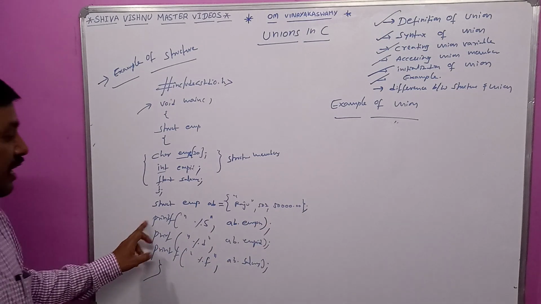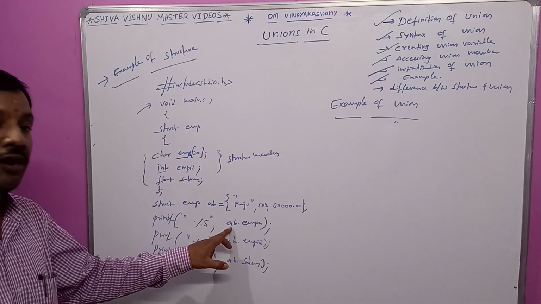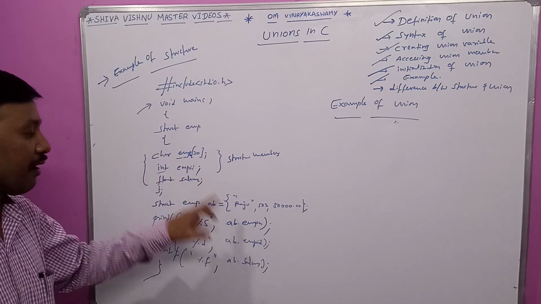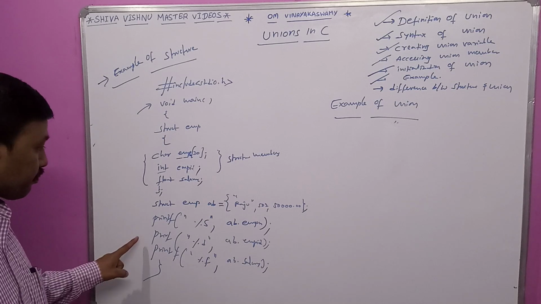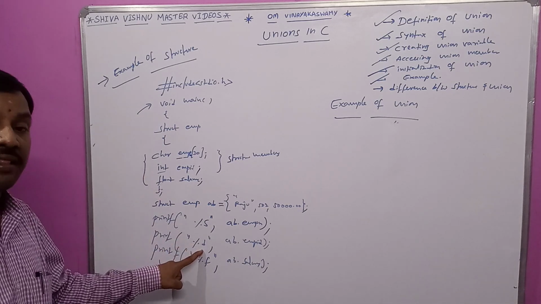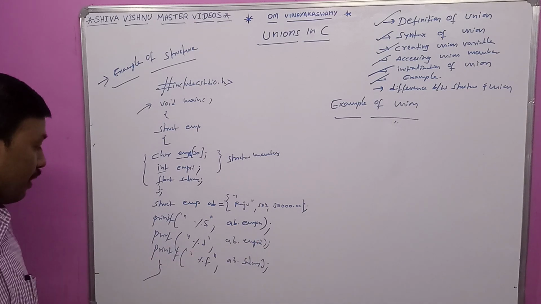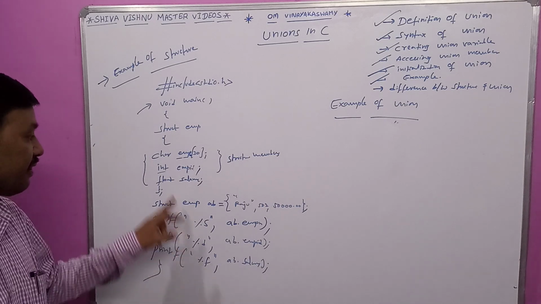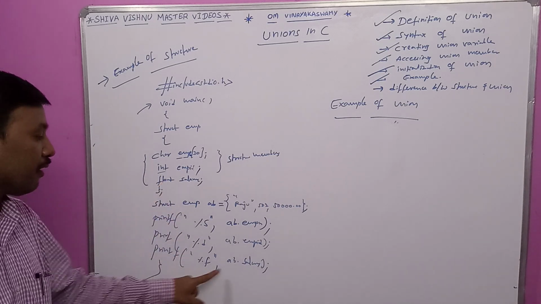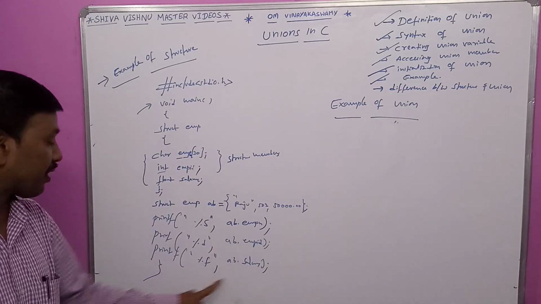Now you can see printf percentage s for a character string, ab dot the variable name dot member, semicolon. Next, printf percentage d, this is the integer, so percentage d, comma, variable name dot employee id, close semicolon. Printf percentage f is a floating point, ab variable dot the member, close.